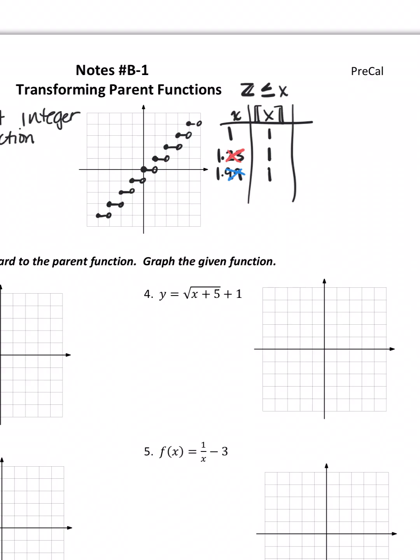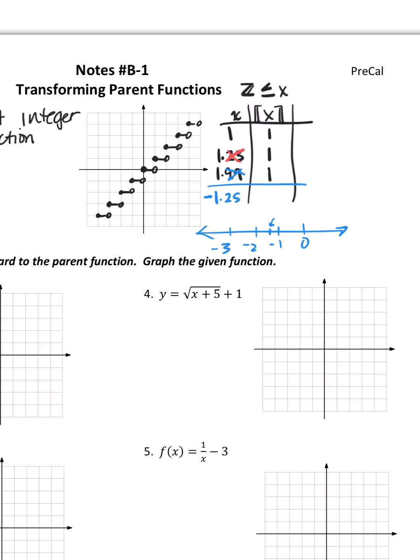So where this gets a little weird is when you're dealing with negative numbers. So it's like, say, at -1.25. Well, think about your number line here, right? If here's 0, here's -1, -2, -3, whatever. Less than or equal to, so if -1.25 is right here, what is the greatest integer less than or equal to this value?